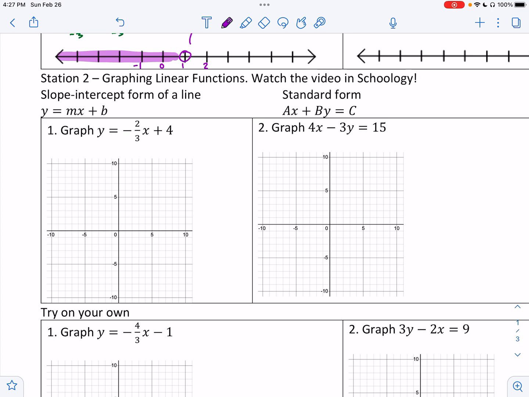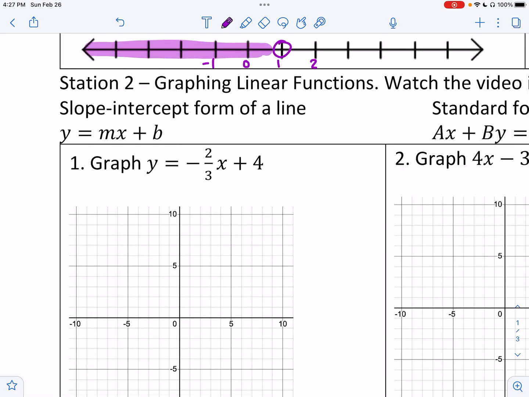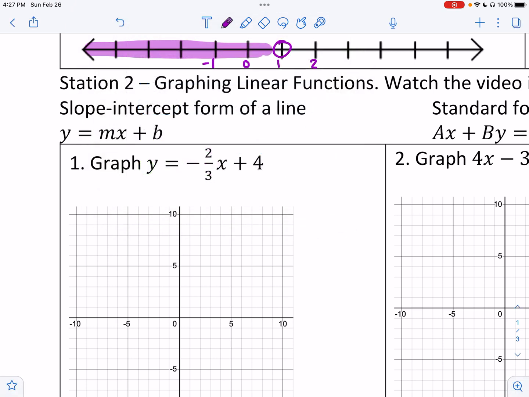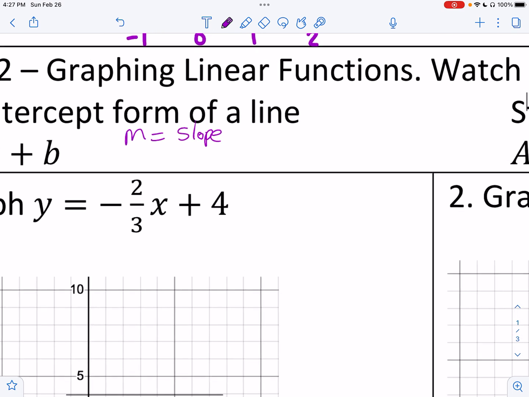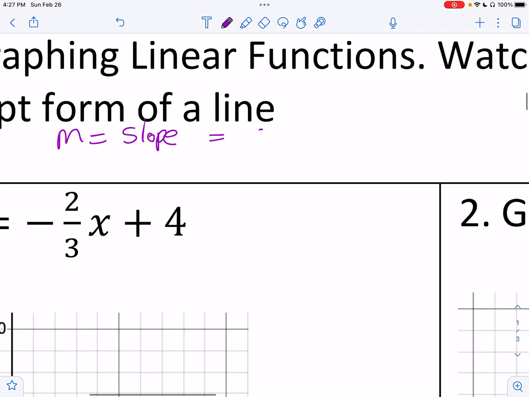So this slope-intercept form is sometimes the nicest form because in slope-intercept form, we have that m is the slope, which I like to say is the change in y divided by the change in x.